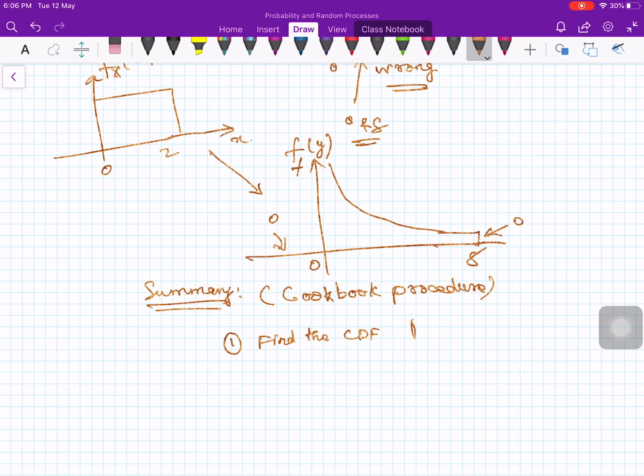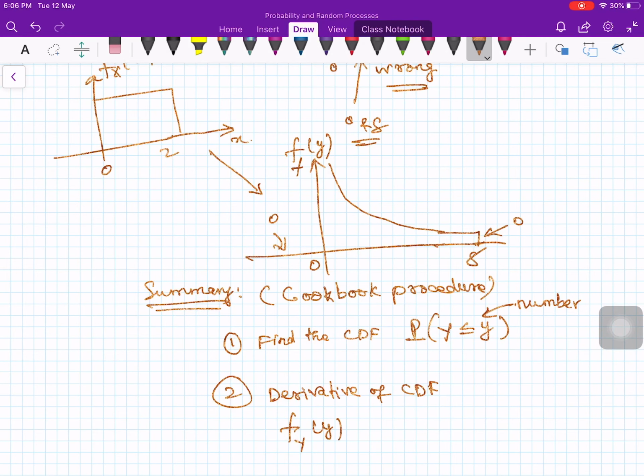You define an event P of capital Y less than or equal to a certain number. This is the number actually. Okay, and once you get the CDF, you go to the probability density function by taking the derivative of the CDF. Then you will end up with the probability density function f_Y of y, f sub capital Y of y.